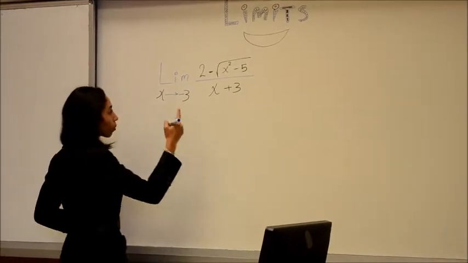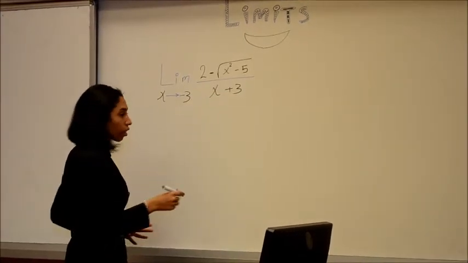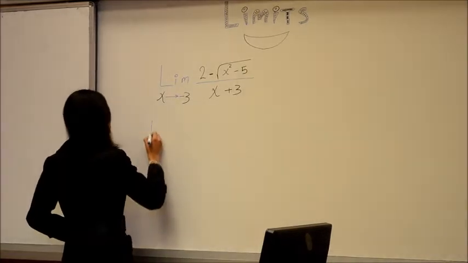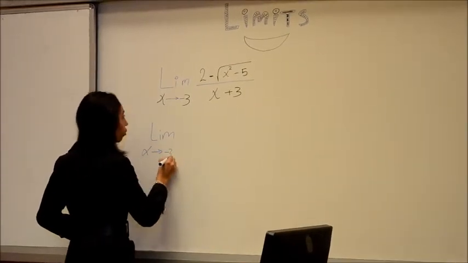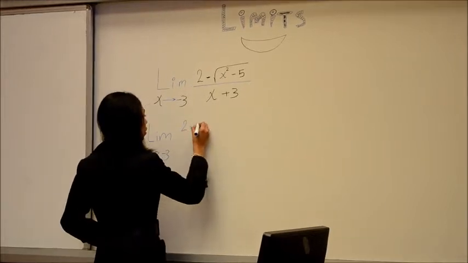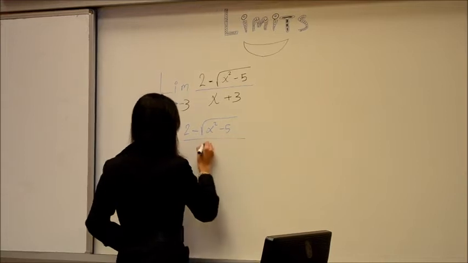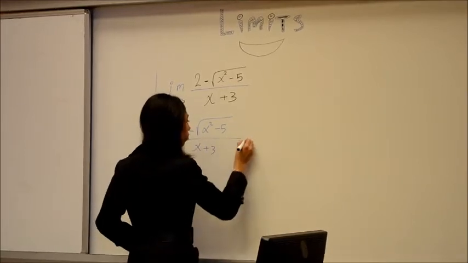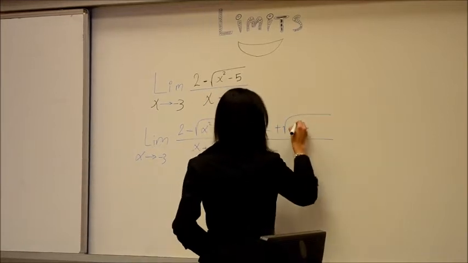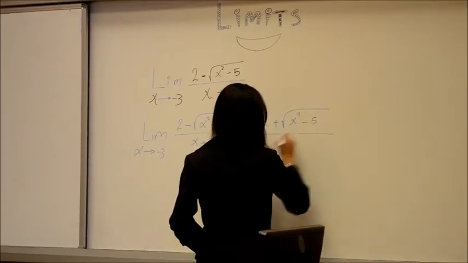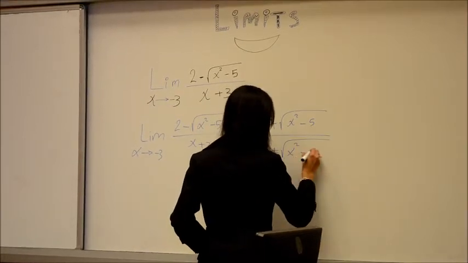So we will multiply the numerator and the denominator by the conjugate. So it's like multiplying by 1. So we will have the limit as x tends to negative 3 of (2 minus square root of x squared minus 5) over (x plus 3), multiplied by the conjugate, (2 plus square root of x squared minus 5) over (2 plus square root of x squared minus 5).